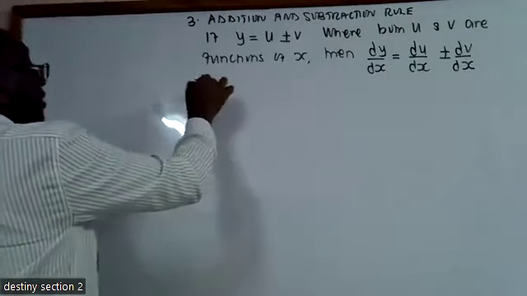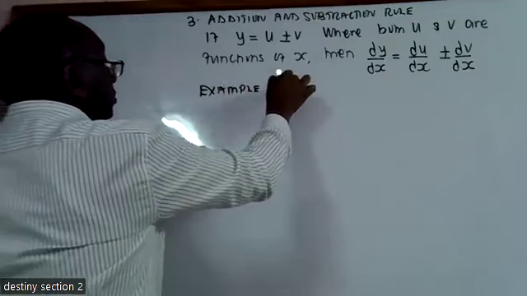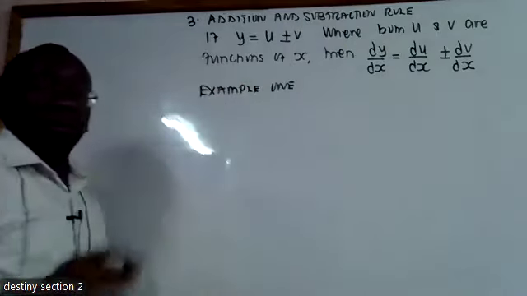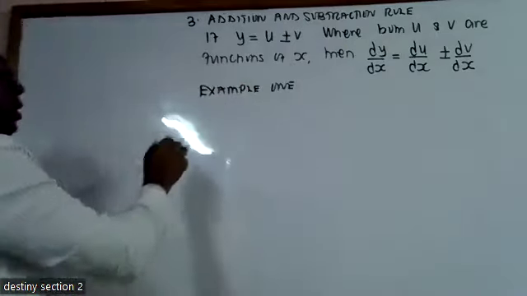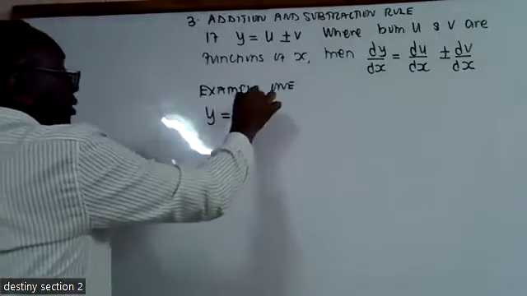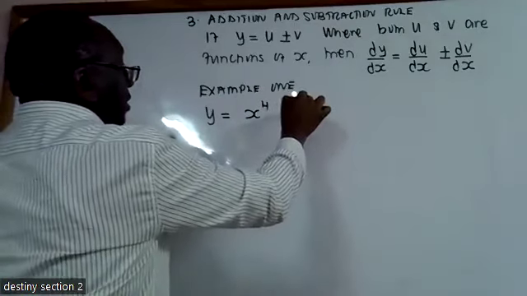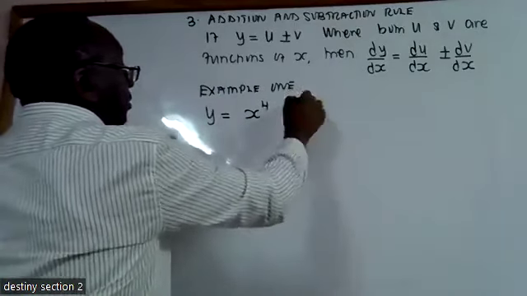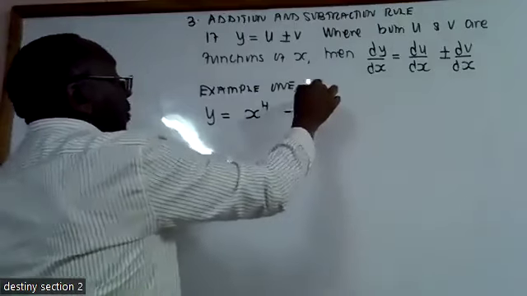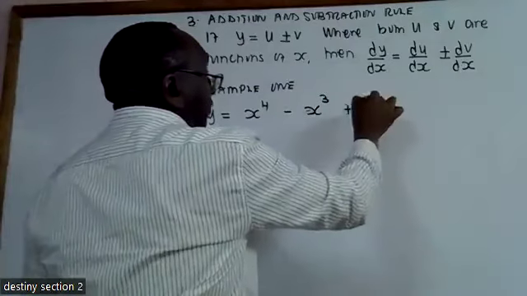So if we have example 1, you are told y is equal to x raised to power 4 minus x raised to power 3 plus 7.